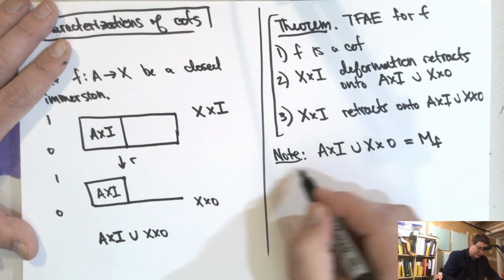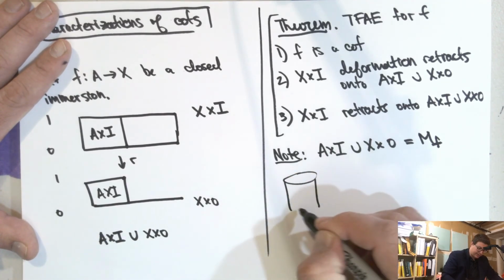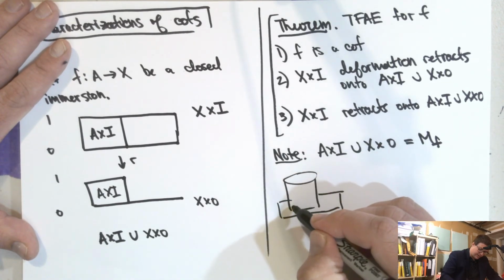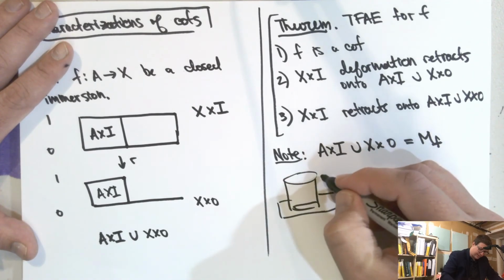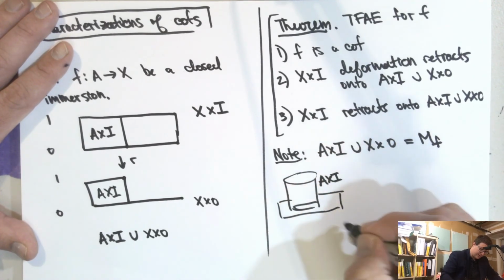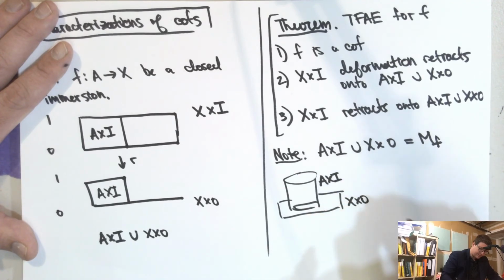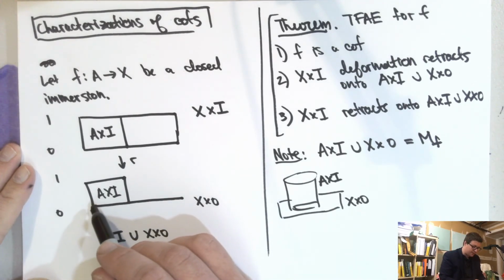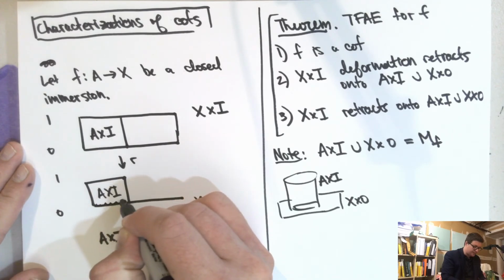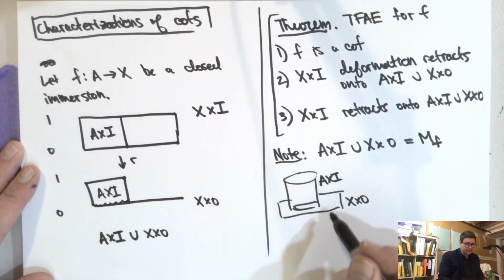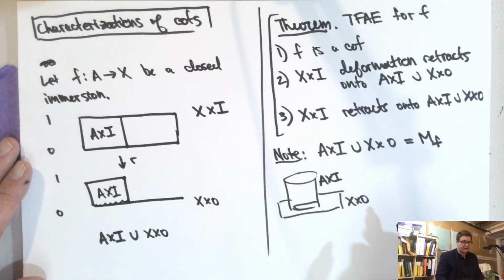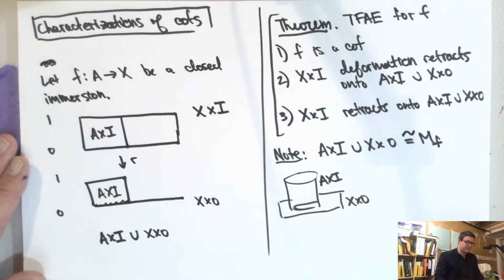Another way to draw it: this thing here is A cross I, and this part here is X cross 0. The difference in this drawing is that the 0 part is identified with the image, not the f part, not the 1 part. So it's just oriented in an opposite way.